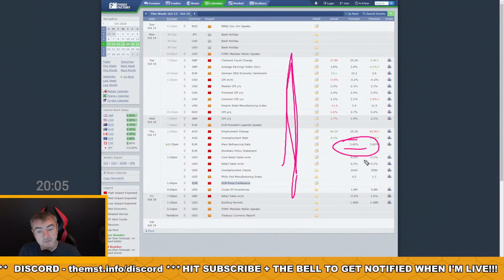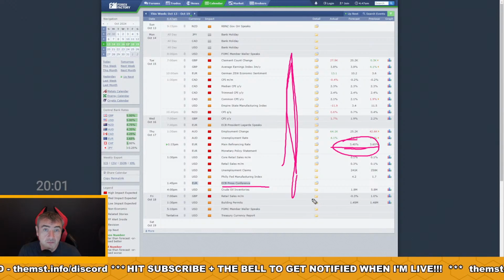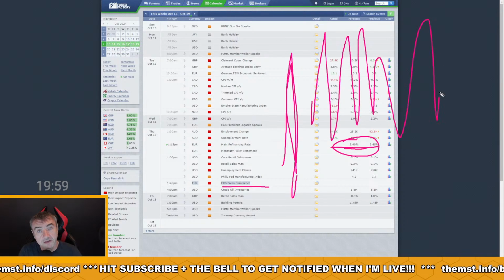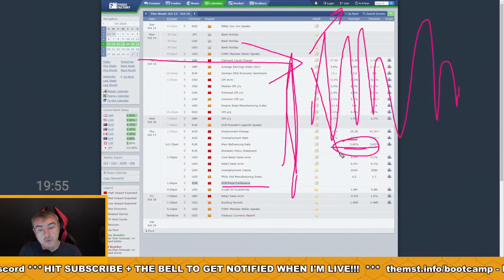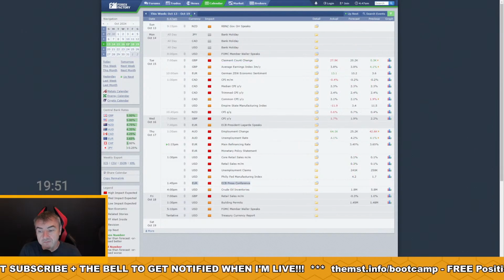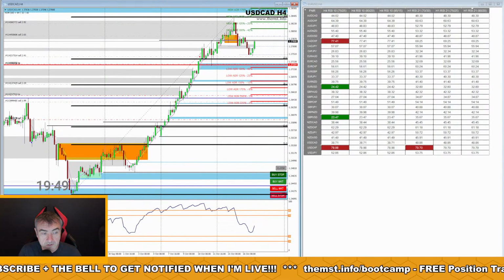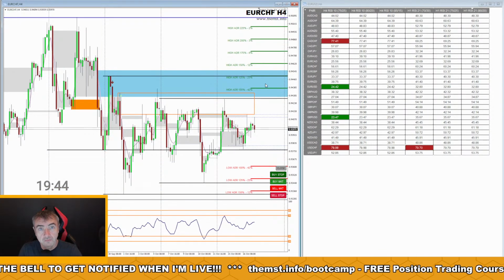If we get given 3.4 and she comes out and says we'll see what happens in the next couple of months because we're not sure which way to go, we're just going to get nothing. Which means that if that becomes neutral, it will get pushed in one direction or the other with the other pair. So whatever your cross is, that's what's going to drive it, and again, we're going to cover all this in the currency correlation in a minute.